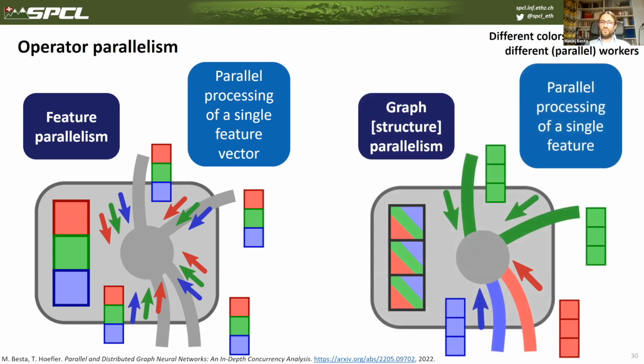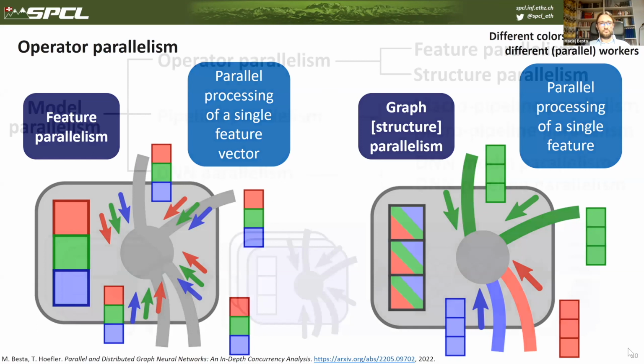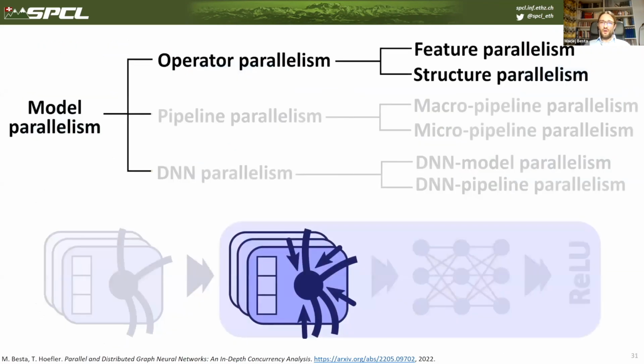Then there is the other subtype of this class of parallelization schemes, namely the graph structure parallelism. And this is even more fine-grained because we are now parallelizing the processing of a single individual feature, right? So we can see here that in this feature vector, each single feature is being colored with these three different colors, which really indicates that each of the workers is now processing this feature in parallel, conducting, for example, some aggregation. So this is operator parallelism, a very fine-grained way of parallelizing GNN computations.